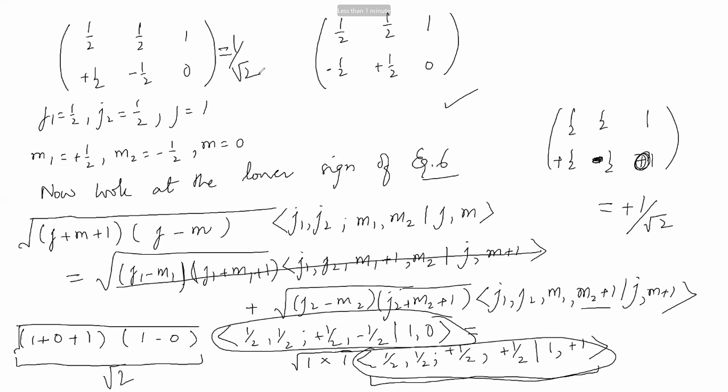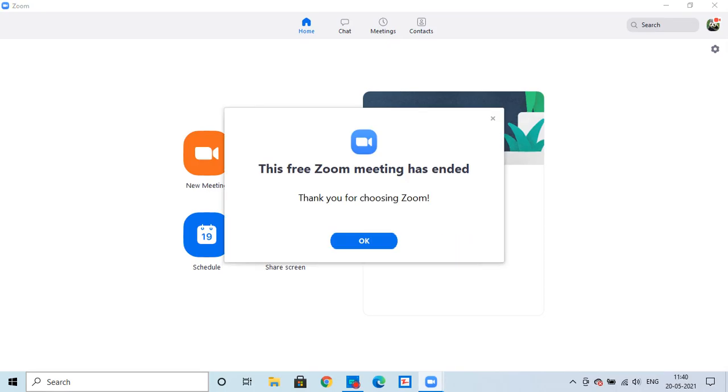Similarly, you can have J1 equal to half, J2 equal to half, with J equal to 1, but M1 equal to minus half and M2 equal to plus half. Now the second term will not contribute and the first term will contribute. How much would be the result? Minus 1 by 2.